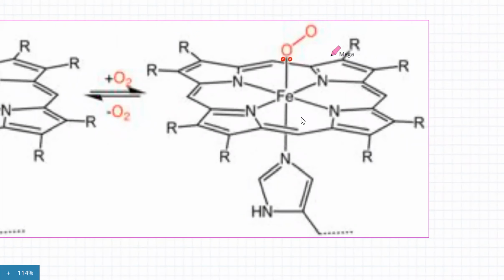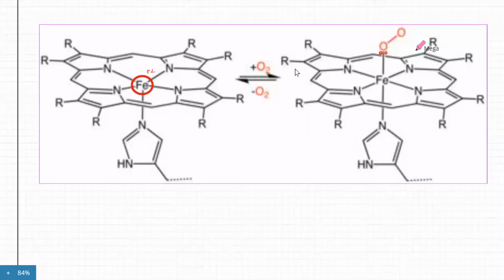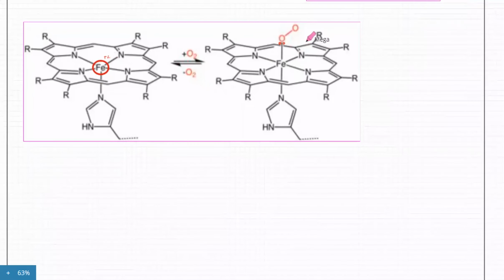Carbon monoxide poisoning is if you get a carbon monoxide molecule, that dative bond is really strong. The available space gets completely used up, and the bond is very strong, so carbon monoxide doesn't really leave. Oxygen forms a weaker dative bond, so it's easy to break. Is this clear? Yes, sir.